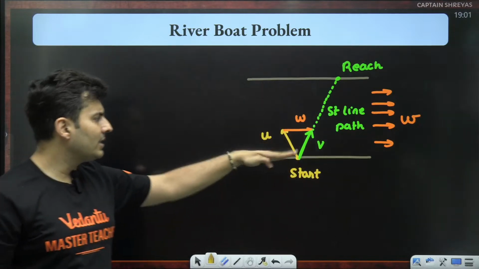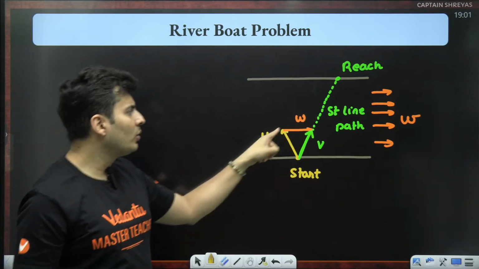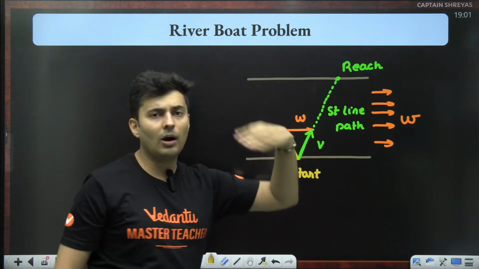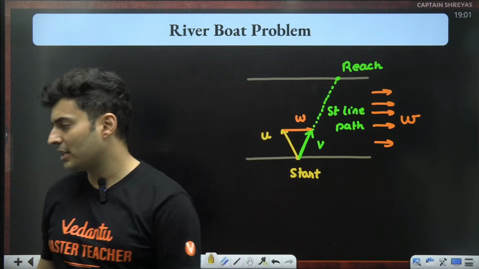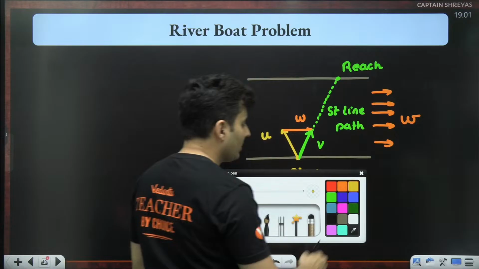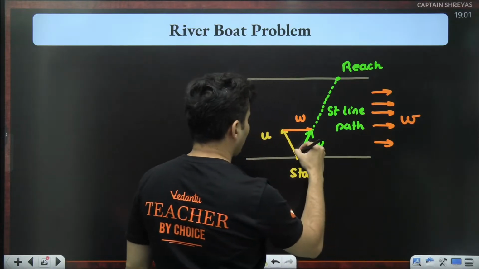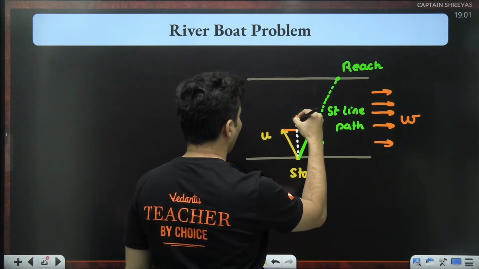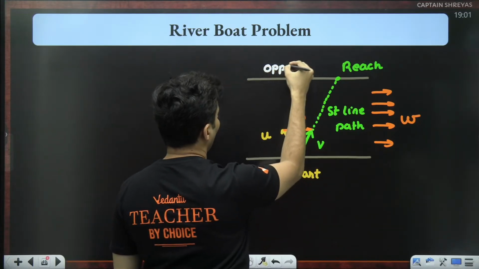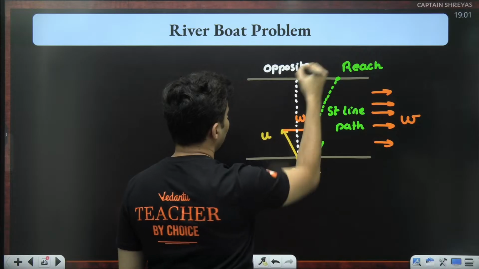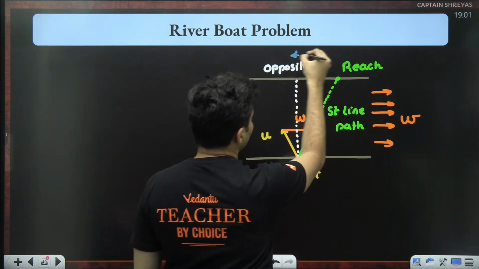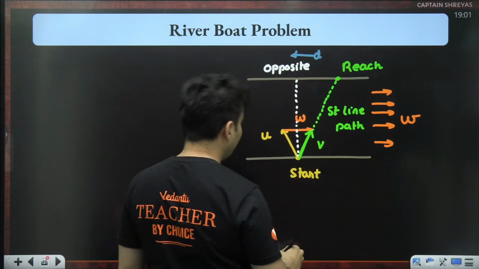If the angle changes, if the W changes or U changes, obviously V, where he reaches, how long it takes to reach, everything will change accordingly. Now, there are some critical aspects over here also. If you go directly to the opposite point, directly the point on the opposite side, this distance that you see is called the drift.